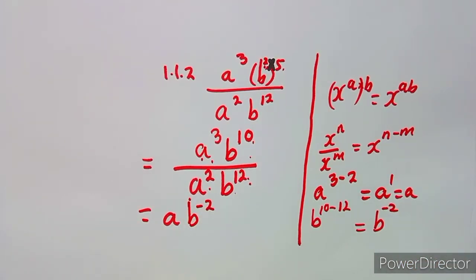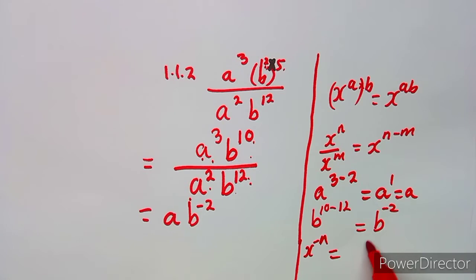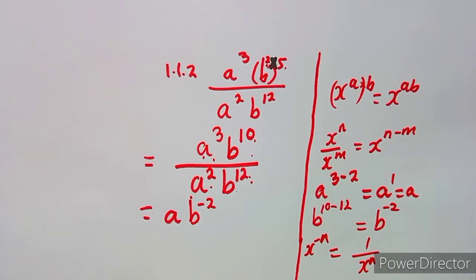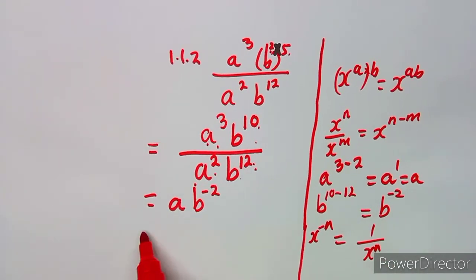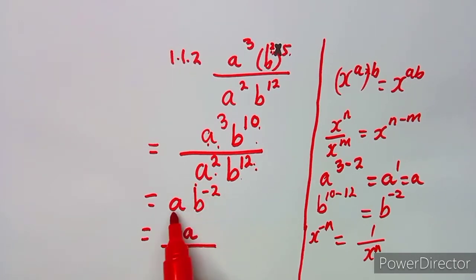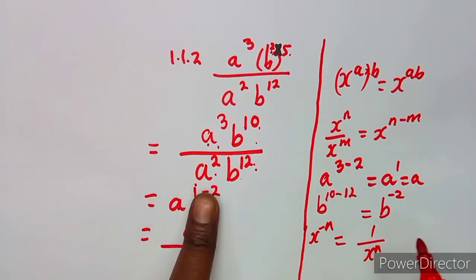All right, but we can't leave our answer like this guys, because we know from our laws of exponents that anytime you're given a negative exponent like this, you're going to write this as 1 over x to the exponent of n. So in this case, what is raised to the exponent of a negative is not a, but it is b. So a is going to remain on top, but this b is the one that is going to be affected.